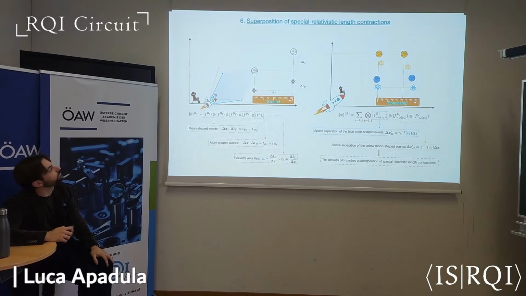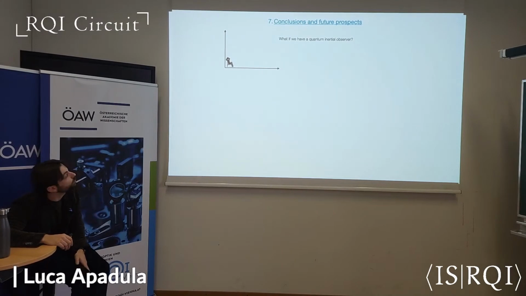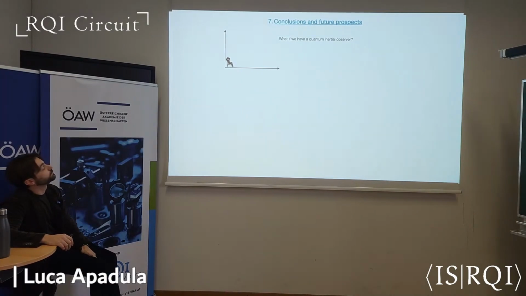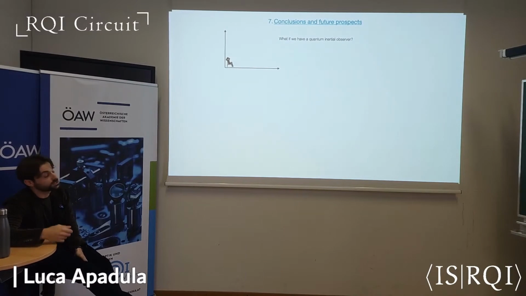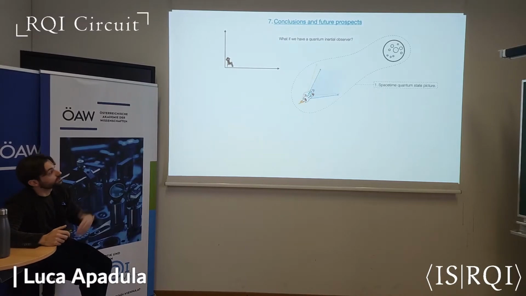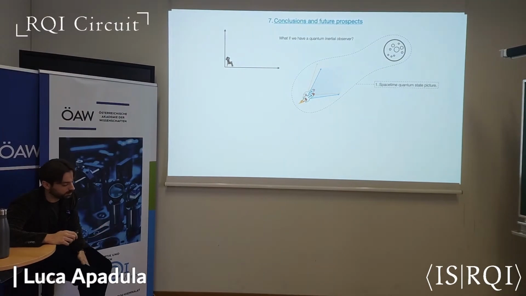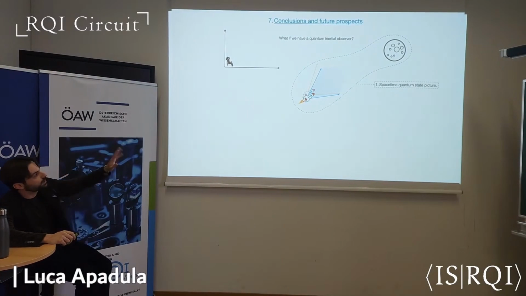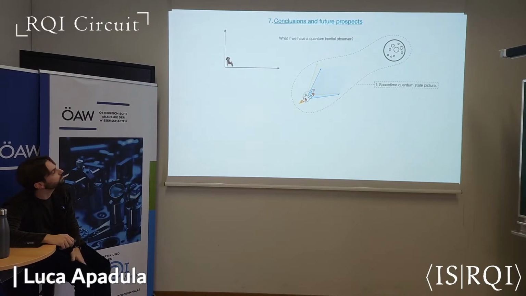So let me summarize what we did. We started from the basic question of extending what we know about Lorentz covariance if we allow an inertial observer to be described by a quantum state. First of all, we used this new picture, a different picture for a relativistic quantum system, which allows us to have a general space-time representation of the state, not referring to any preferred time frame.